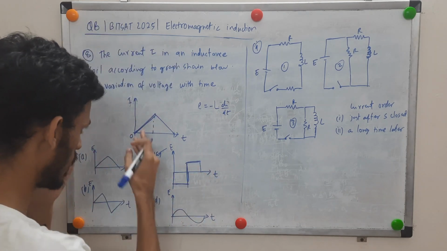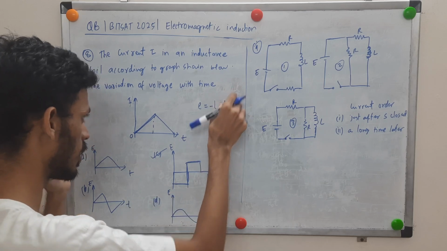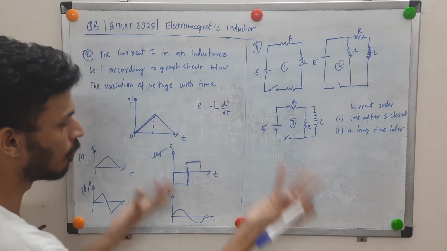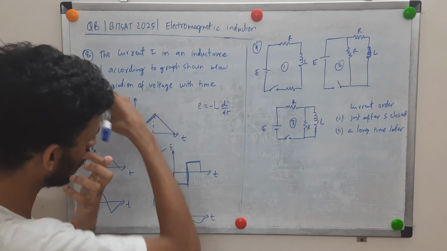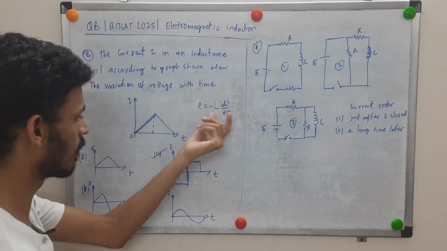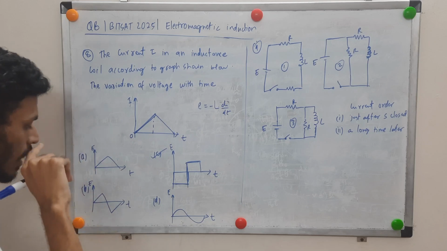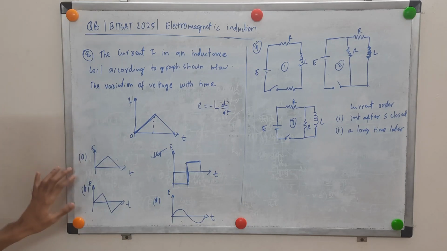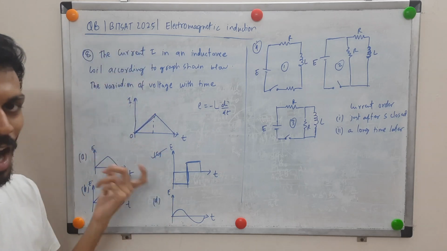The formula itself has a negative sign, so negative EMF in the first half, and then the slope is negative, so the EMF is positive. No one else has a negative region in the first half, right? You could directly do this question by only analyzing half the part.